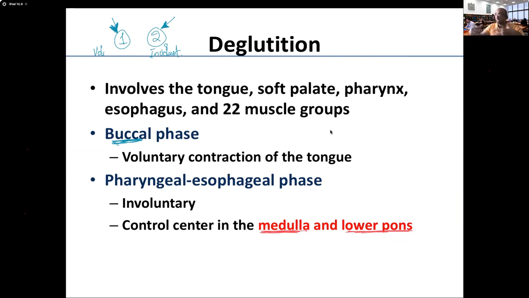Swallowing or deglutition is a very complex task. That's why people with muscular problems and neurological problems will have disturbance in swallowing. It's going to be more difficult. Why? Because you've got a huge number of muscle groups that will be involved in order to carry on the movement of the food down to your stomach.